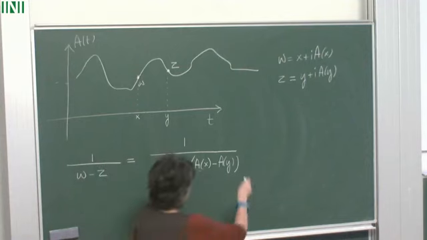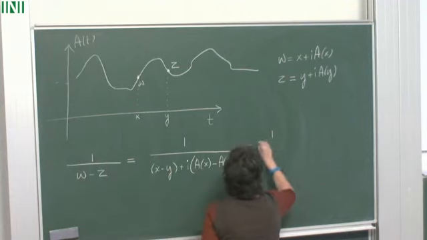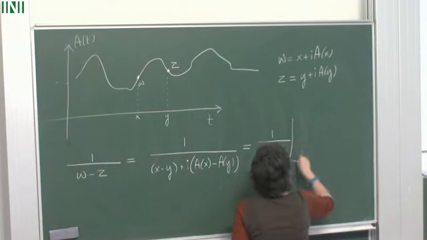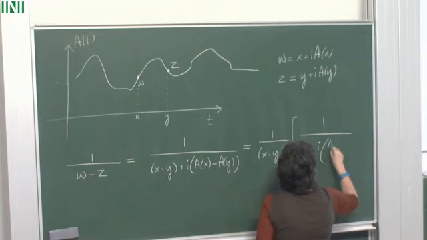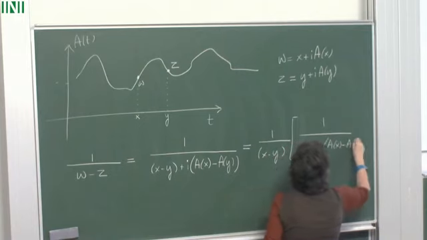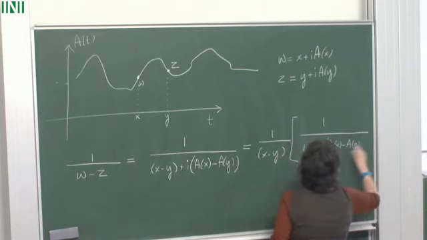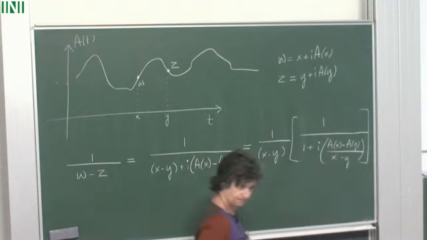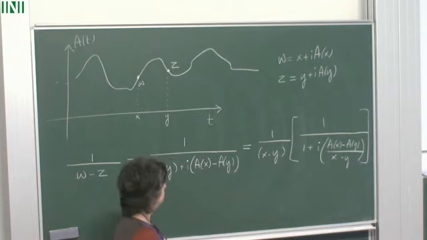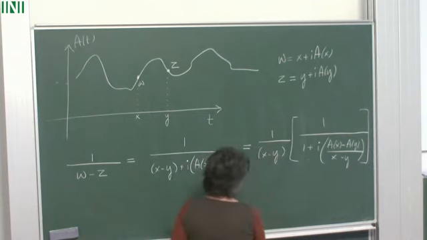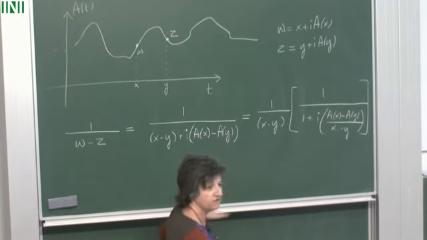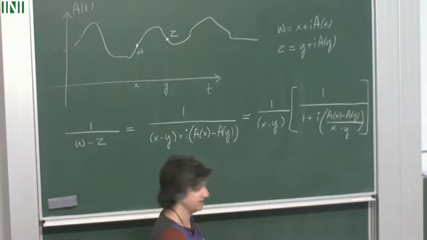So now formally, I'm going to factor x minus y out. And I have this. Again, formally, I'm going to think of this square bracket here as the sum of a converging geometric series.